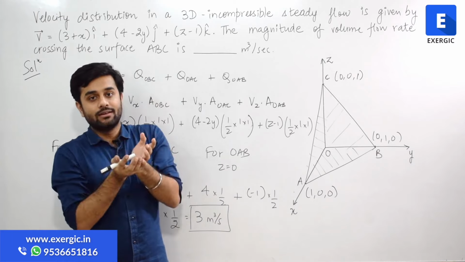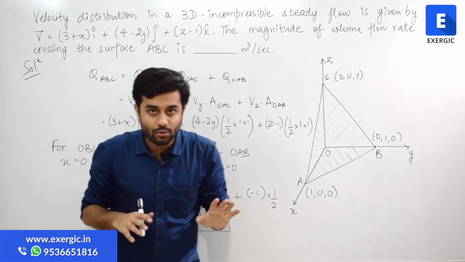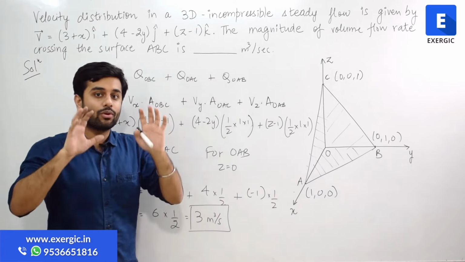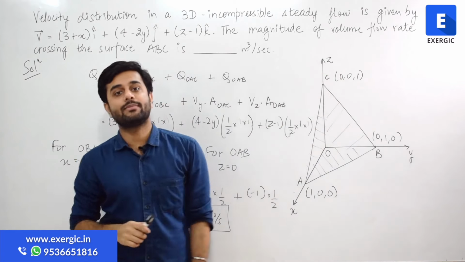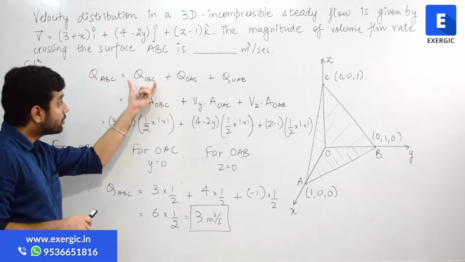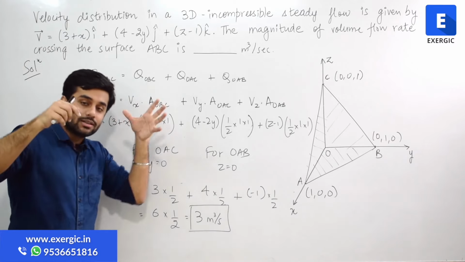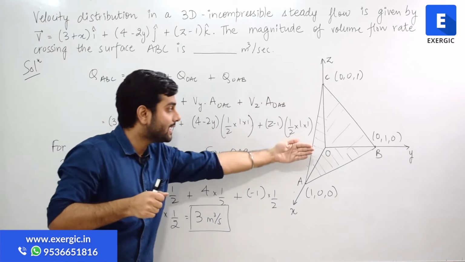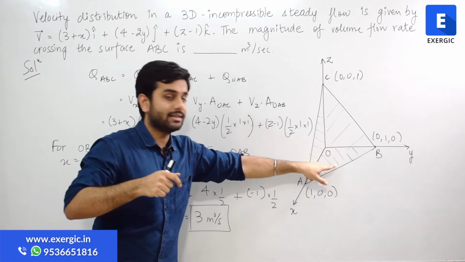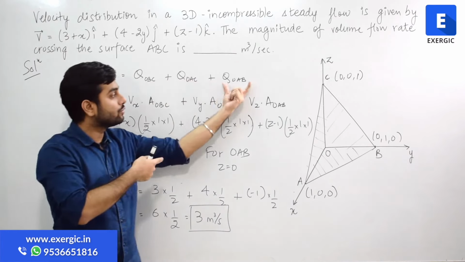Since this plane is present in an incompressible steady flow, whatever volume flow rate is entering from those three sides must leave from ABC. So Q of ABC, the volume leaving ABC, should be equal to the volume flow rate approaching ABC from the other side, from these three planes: Q through OBC, Q through OAC and Q through OAB.